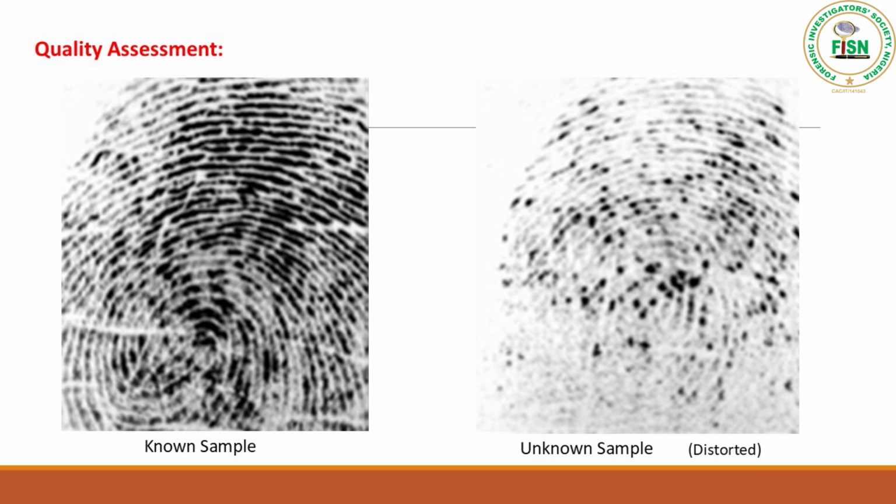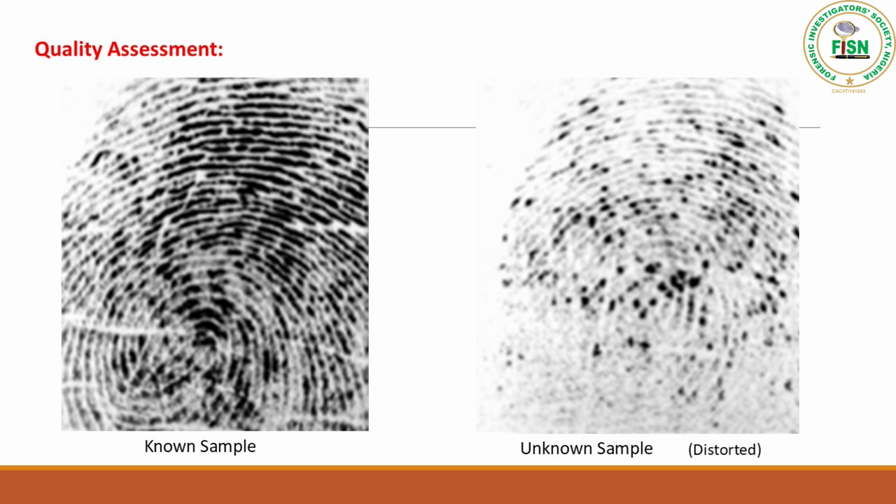There are cases where fingerprints are already distorted. That is, the quality has been damaged. It doesn't have enough quality to be kept. Look at your screen. You see a known sample, that is the standard, that is good enough to be compared, but the unknown sample has been distorted.